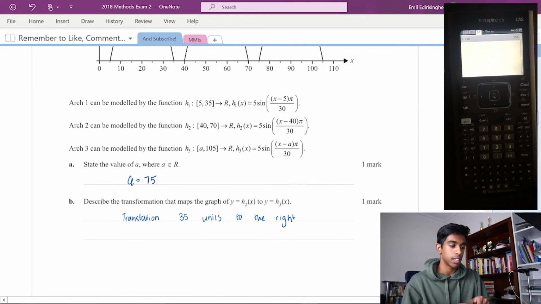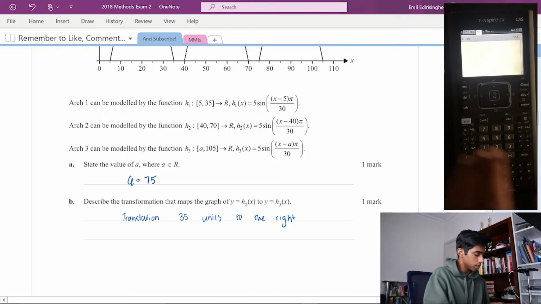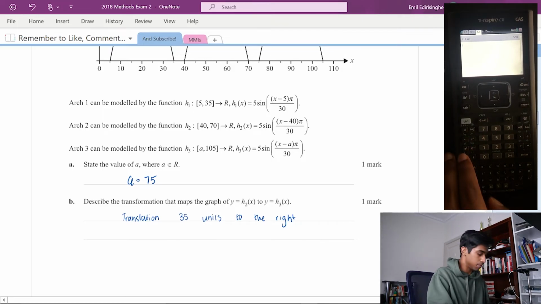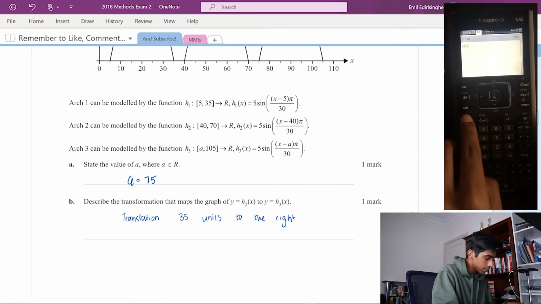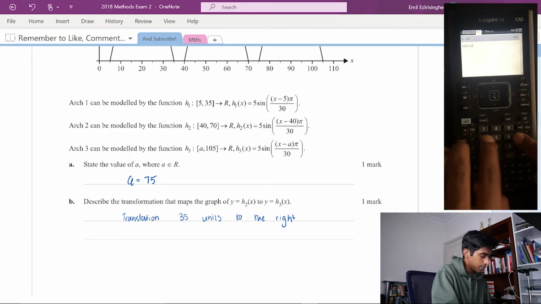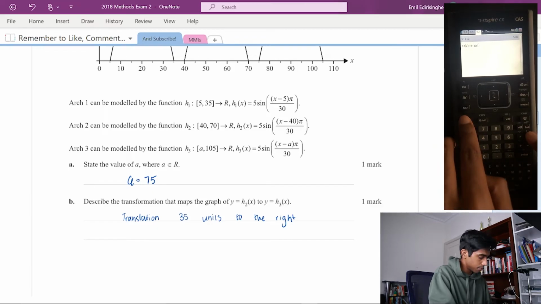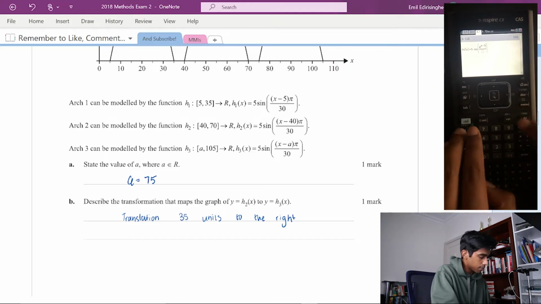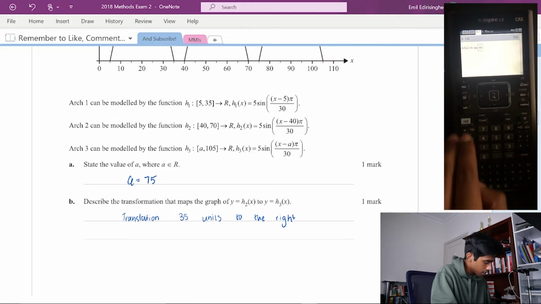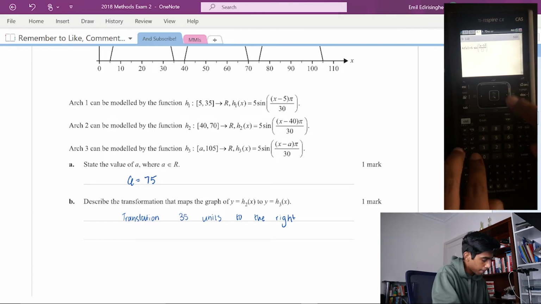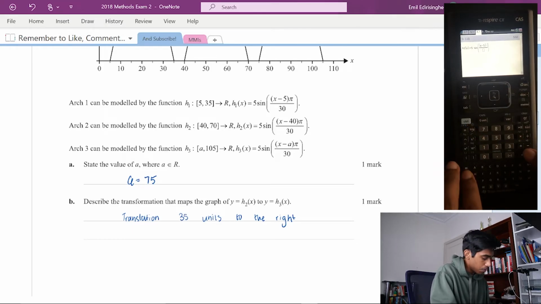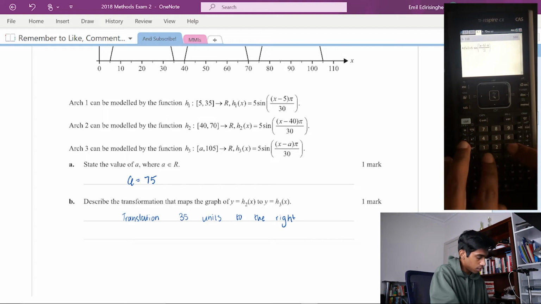So let's type in arch 1. I'll actually define that in the CAS. So I'll go h1 of x is equal to 5 times sine of x minus 5, sorry, typed in the wrong thing, x minus 5 times pi on 30.